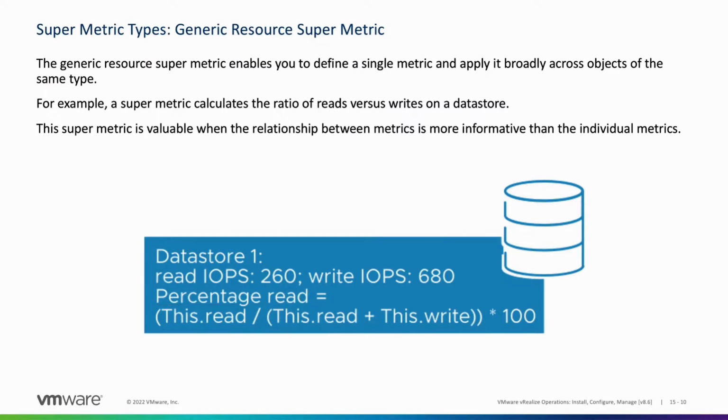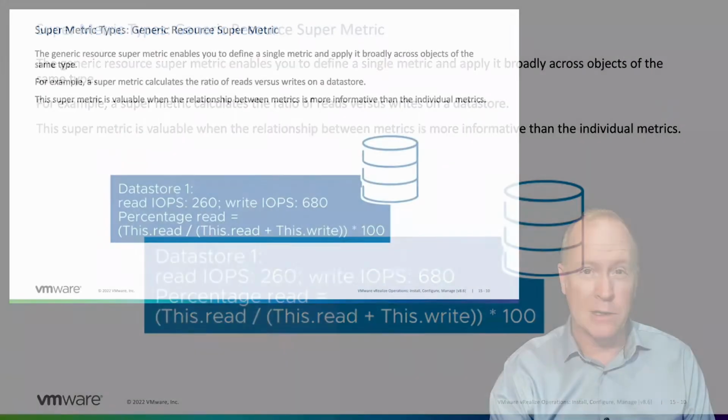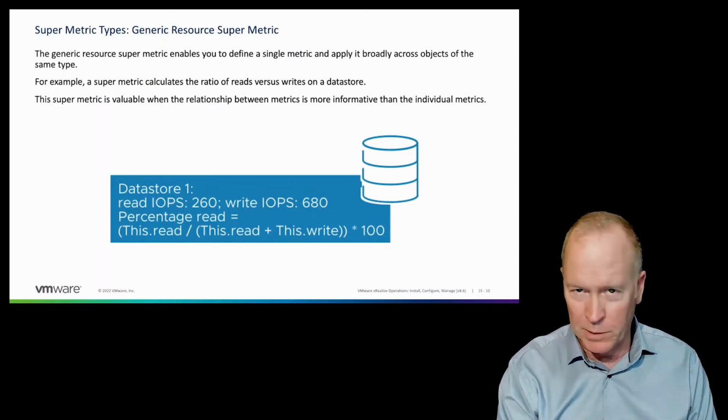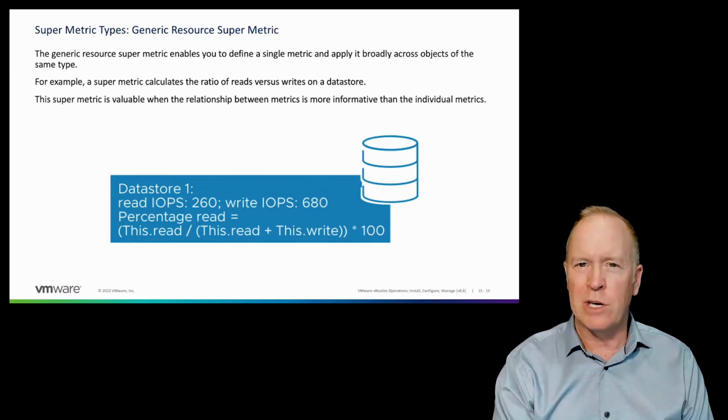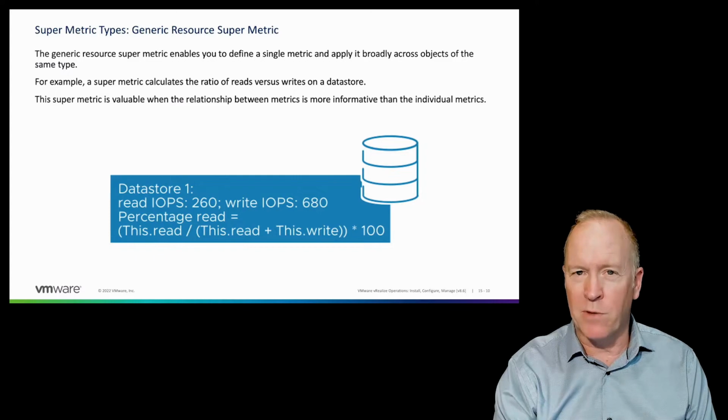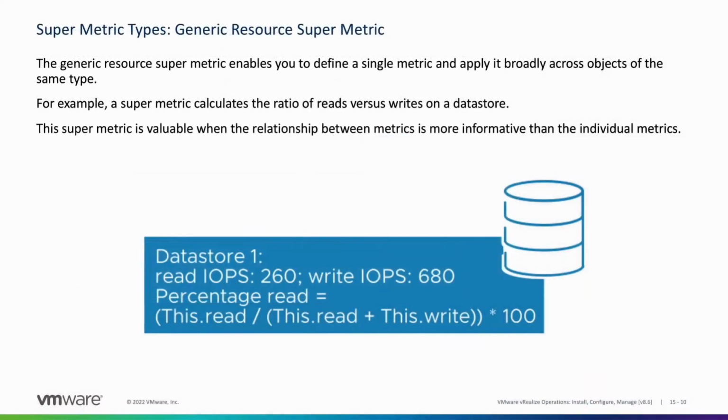So let's take a look at this formula. In order to understand it, we'll talk later on about what the word "this" means in the formula, but for right now, just ignore the word "this". Let's break up this formula into multiple parts. In this part of our formula, we're saying take the number of read operations that we're doing per second, and that's an existing performance metric, and add to that the number of write operations we're doing.